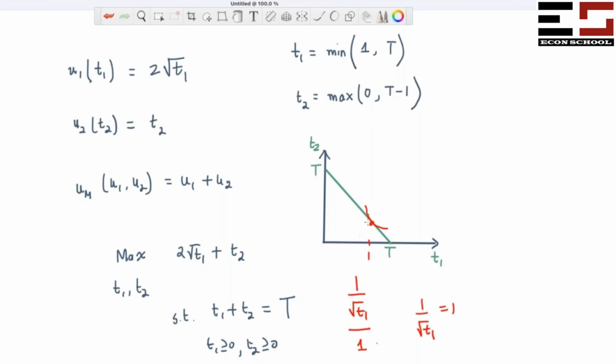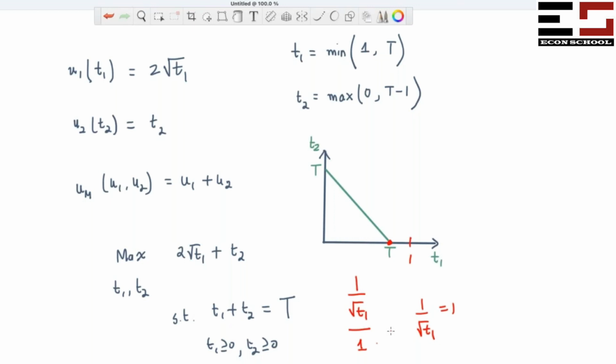If obviously 1 is possible for the mother, then this is how the situation will look. If, of course, 1 is not possible, then this is how the situation will look. In that case, if we compute at this point the slope of the indifference curve, the slope of the mother's indifference curve will be 1 upon root capital T. And 1 upon root capital T is greater than 1, right? Because T is less than 1.